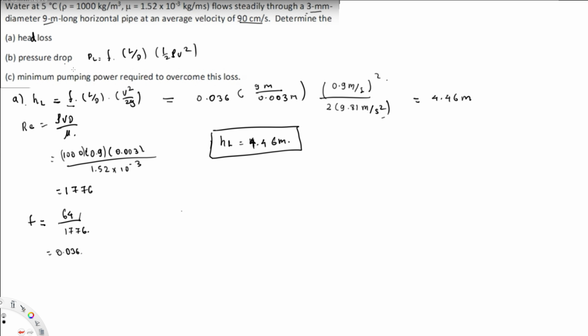Let's see how we can calculate the pressure loss. So that was A. Let's do the B part, pressure loss. I have the formula right here. We have all the values, so we can directly plug in.